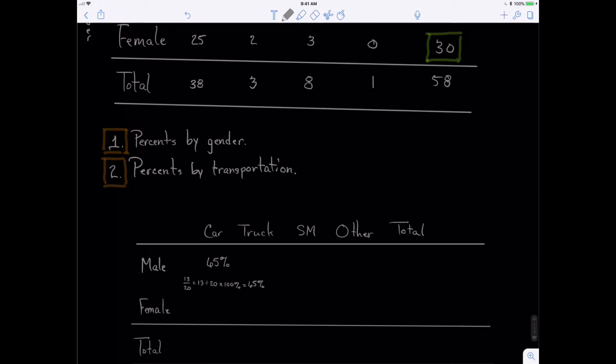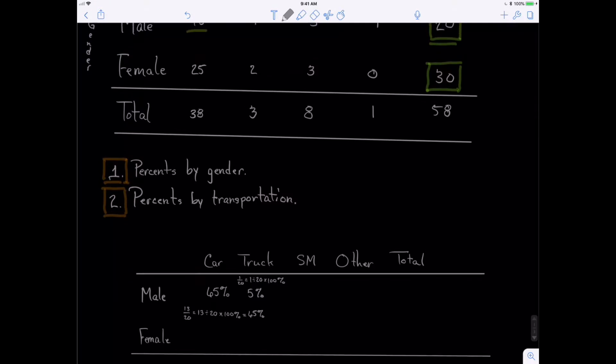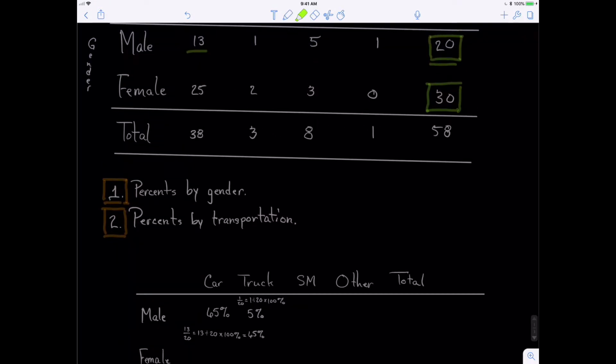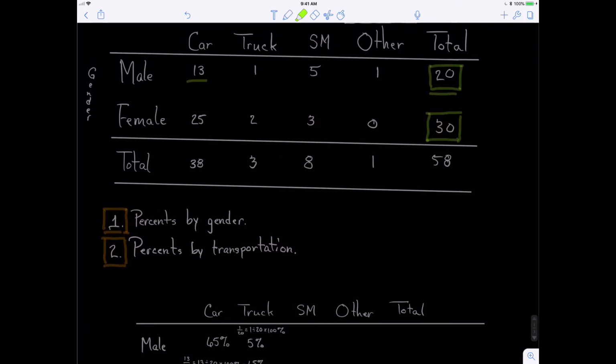Then the truck calculation was 1 out of the 20 males. And so that's the same as 1 divided by 20 multiplied by 100%. And if we put that in your calculator, you come up with 5%. And then if we look above, notice now for SUVs and males we have 5.